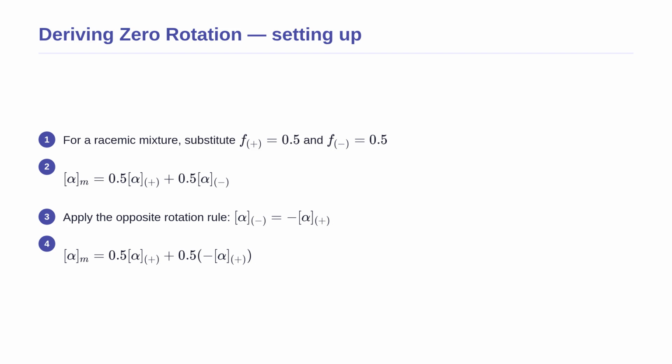We start by substituting these fractions into our main equation for the specific rotation of the mixture. Next, we apply the opposite rotation rule, replacing the left-handed rotation with the negative of the right-handed rotation. This shows that half the mixture is trying to rotate light one way and the other half the exact opposite way.